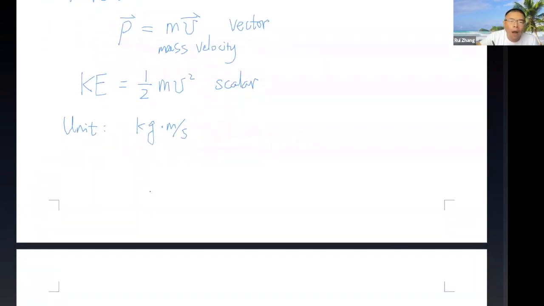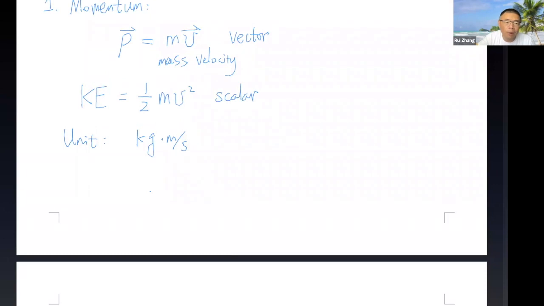Now, why is momentum useful? Because we actually can derive something called the impulse momentum theorem. Let's start from our old friend, Newton's law.